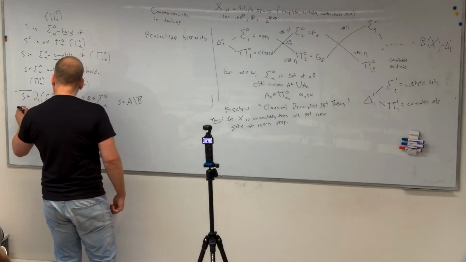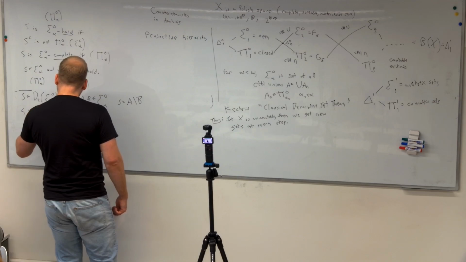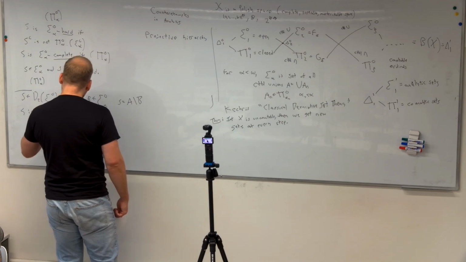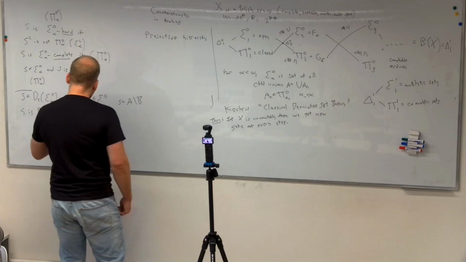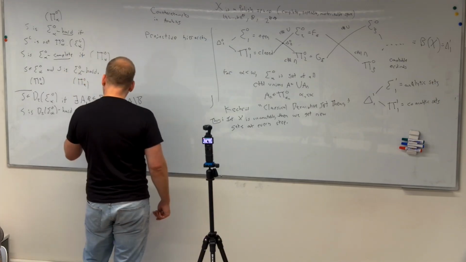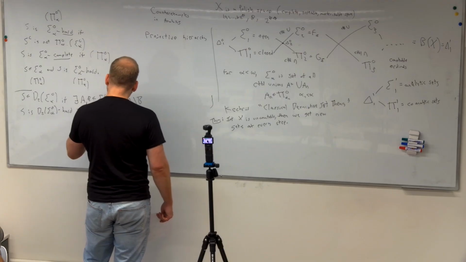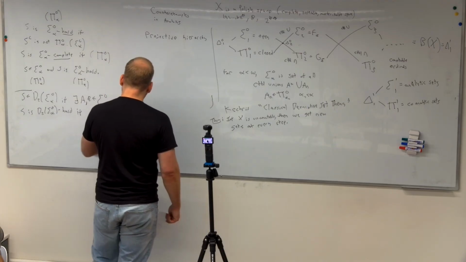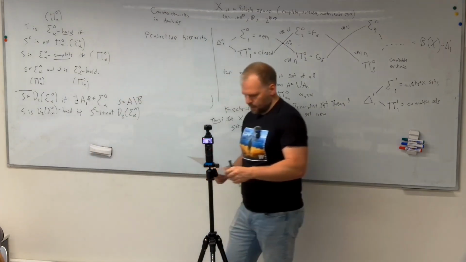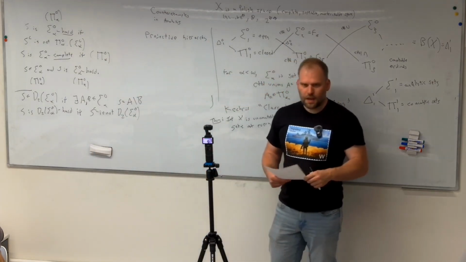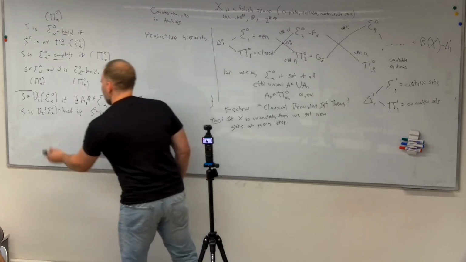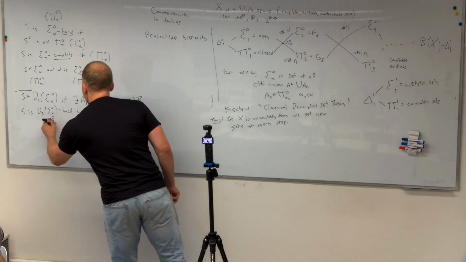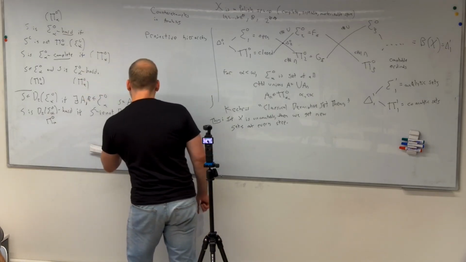We say S is D2 sigma 0 alpha hard if S complement is not D2 sigma 0 alpha. And then we can, of course, do the exact same thing, replacing this with pi 0 alpha, and replacing this one with pi 0 alpha.